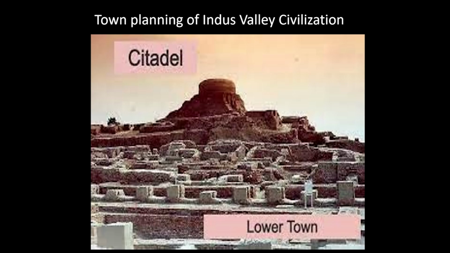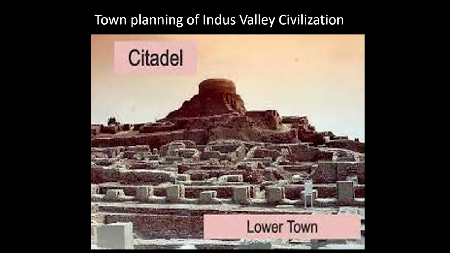So just look here. This is the citadel and this is the lower town. The citadel is smaller and higher, and it has some special buildings. Whereas the lower town was bigger and lower, and it was laid down in a grid pattern.